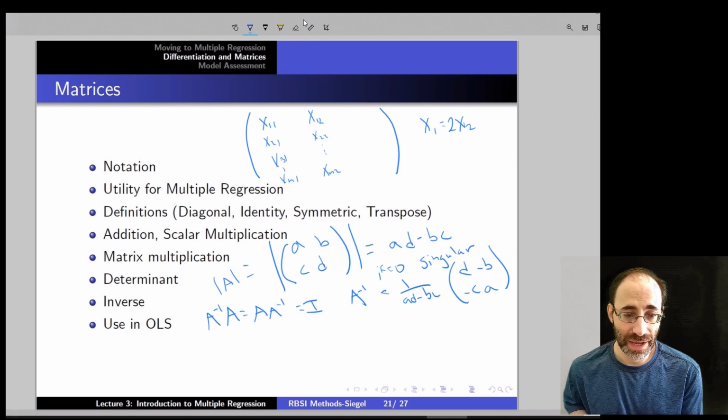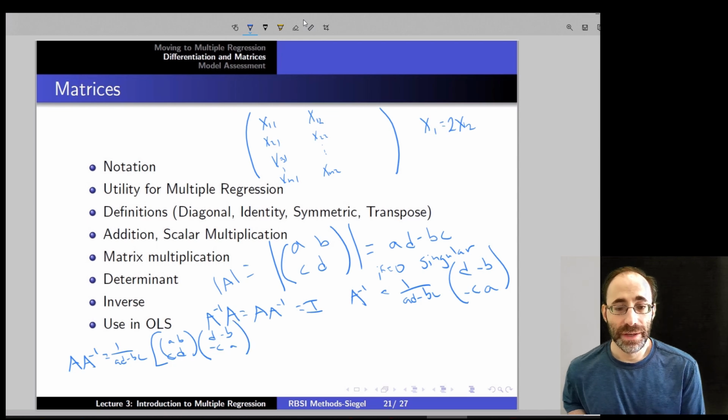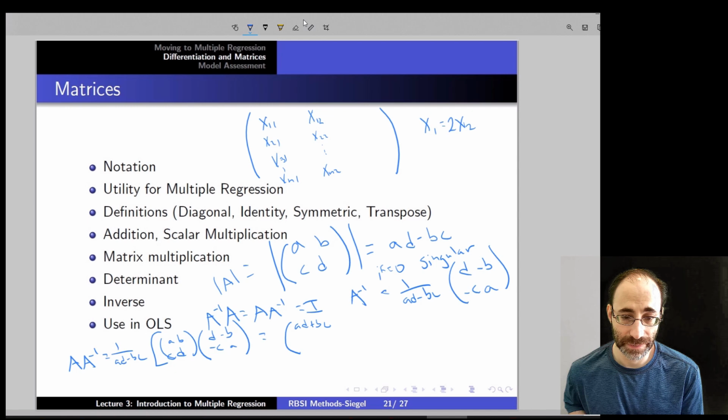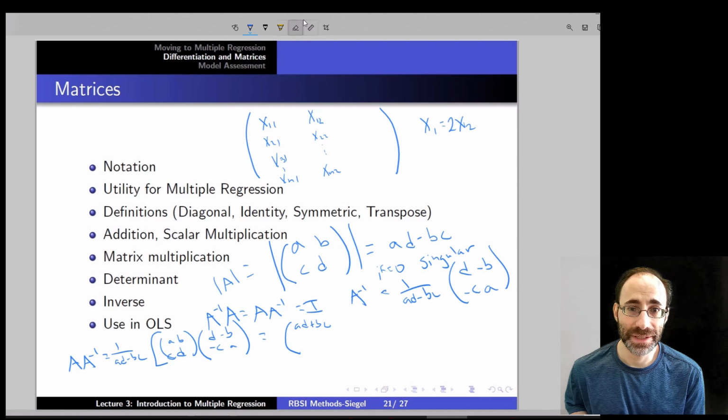If you multiply A times A inverse, you get out front 1 over AD minus BC, and then these two matrices: A, B, C, D times D, negative B, negative C, A. Now I'm going to multiply these two by these two. The first row times the first column. So the first element is going to be AD minus BC, because there's a minus here.